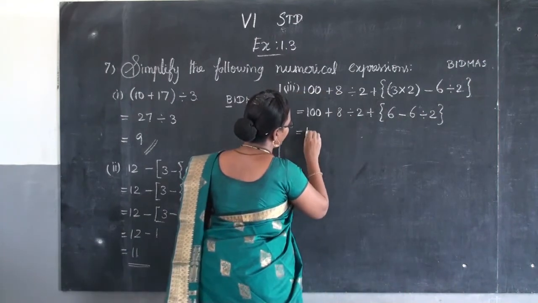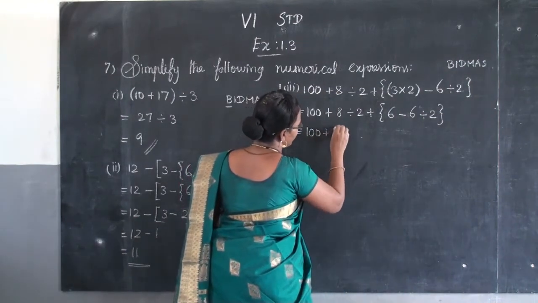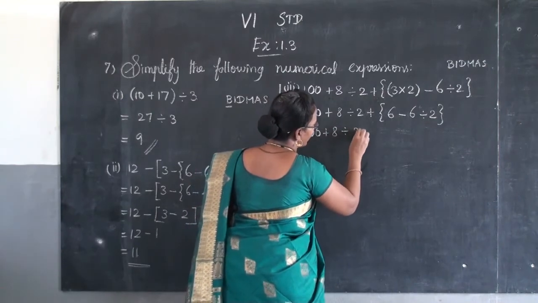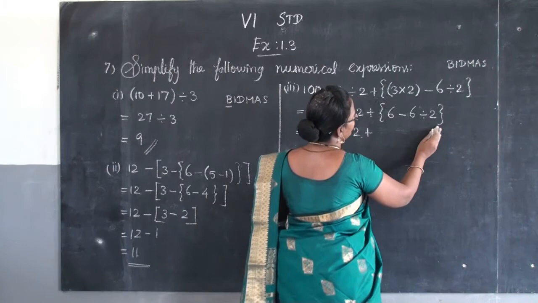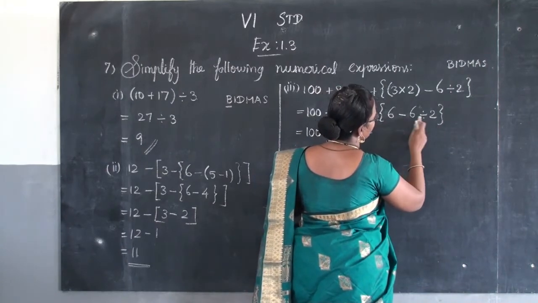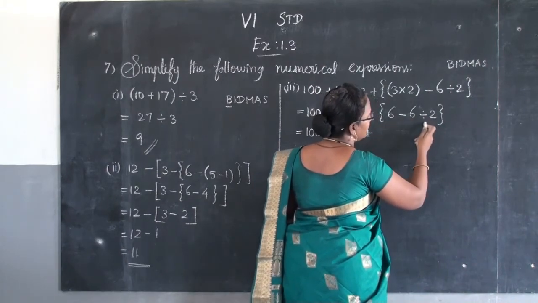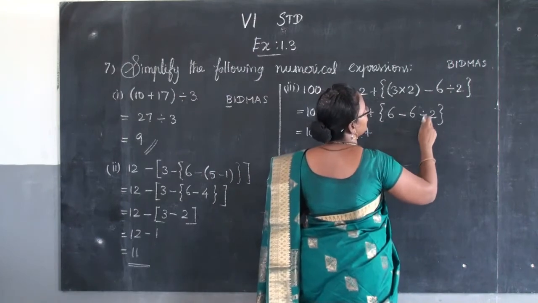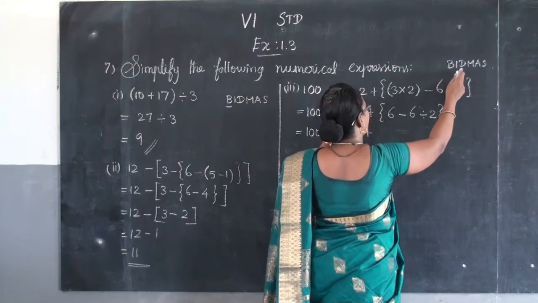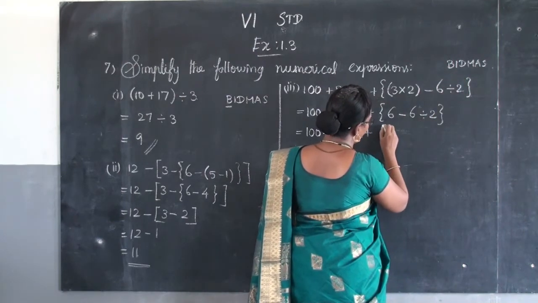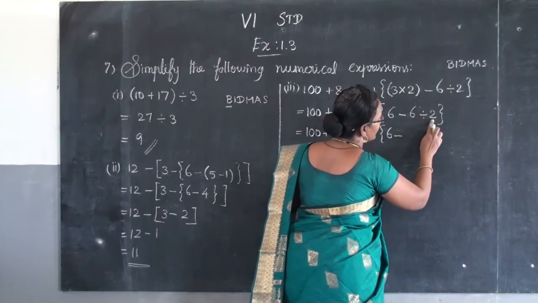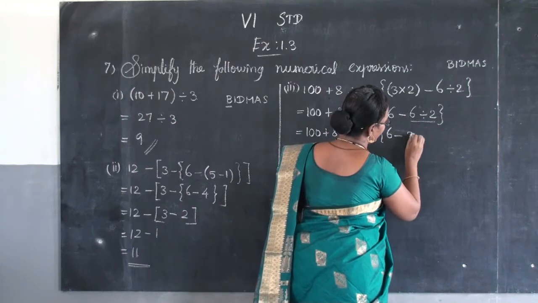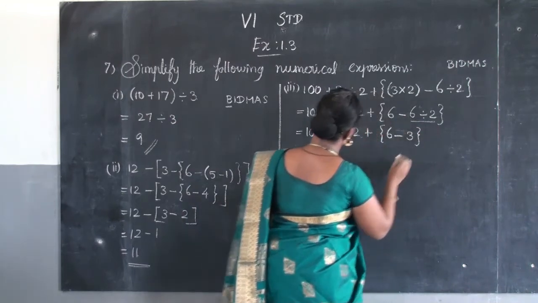And the next step, 100 plus 8 divided by 2 plus, now inside the bracket two operations are there, minus and division. Which one do you have to solve? Division only. So 6 minus 6 divided by 2, we get 3.